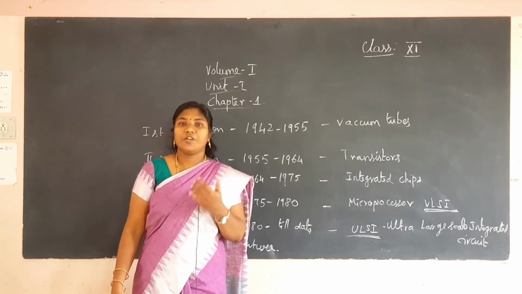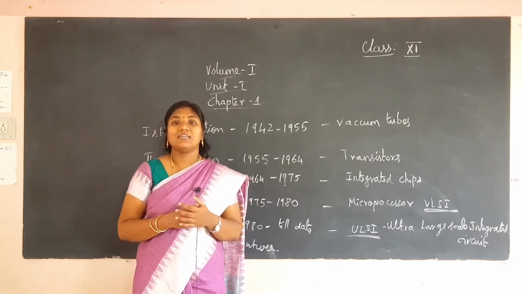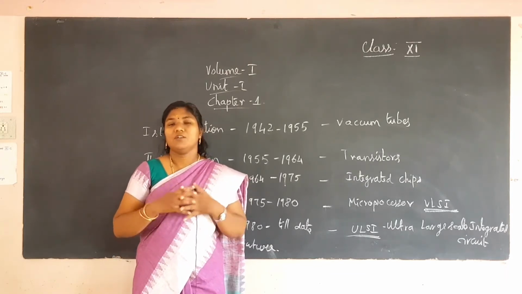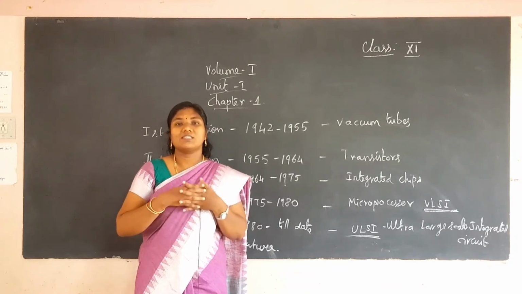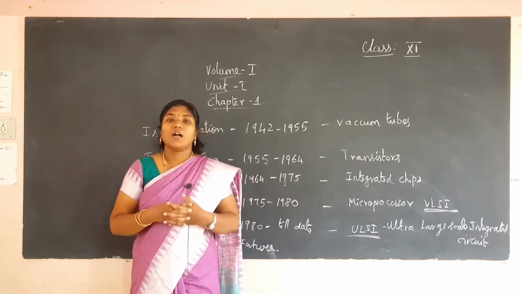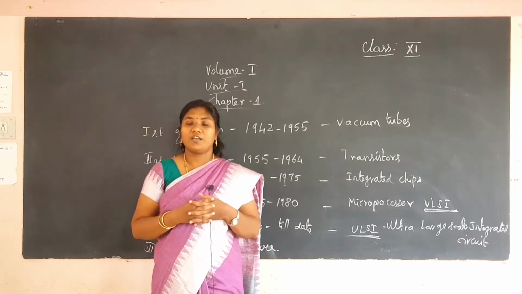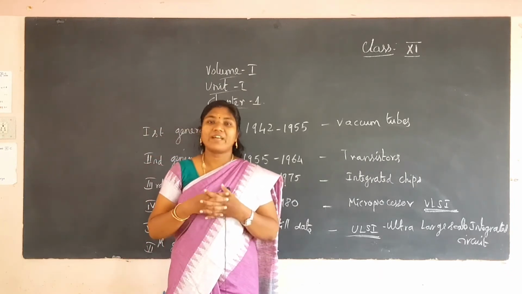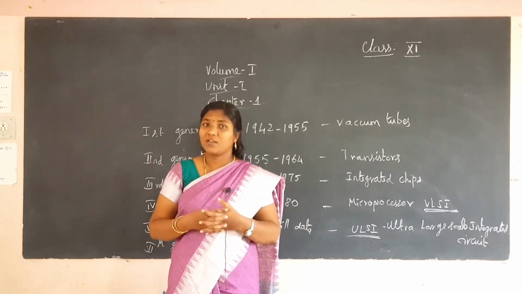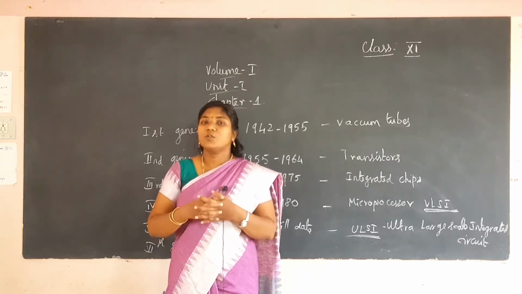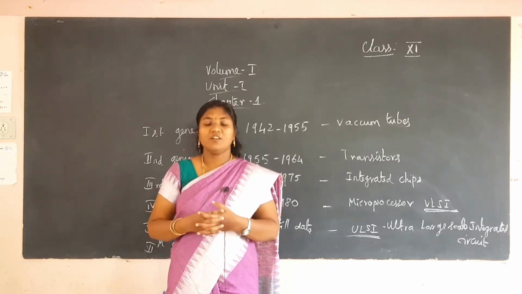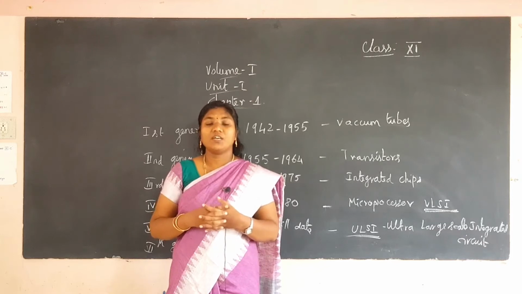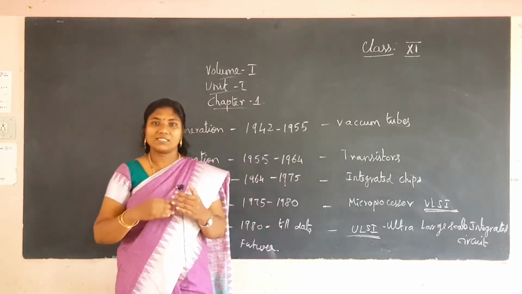Next we are going to learn what a computer is. First, how did the word computer come? Compute gives the meaning of calculate. So, the person who does the calculation is the computer. First, the name computer was given to the human who did the calculation.